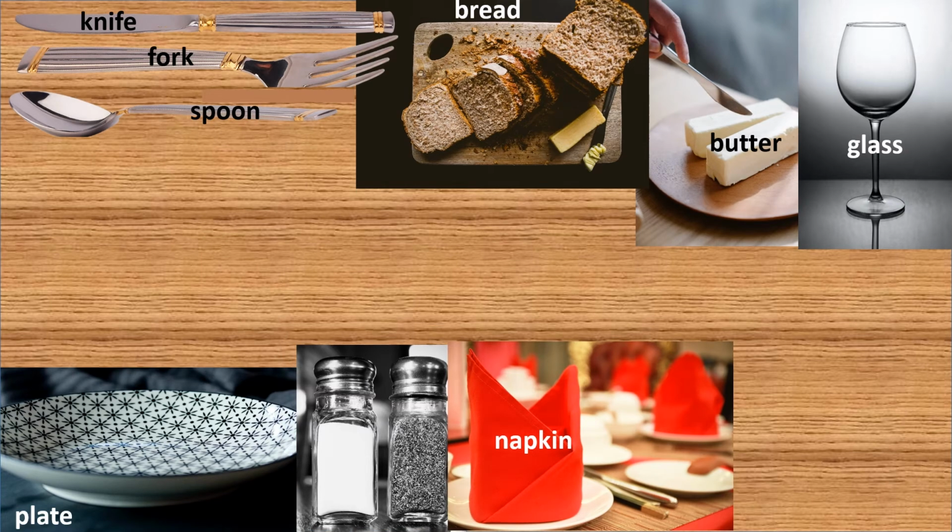Some people like to put this on their food to give it more taste. These often go together. So, the white one is called salt, and the brown one is called, do you remember? Pepper. All right.